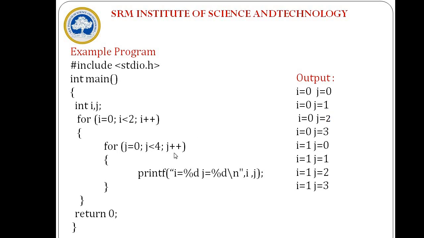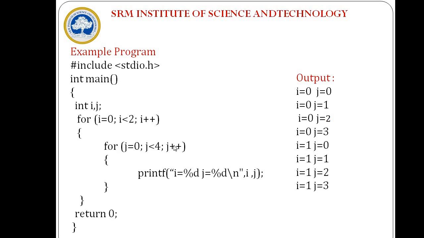Again it will update the loop control variable j. Now the j value becomes 2. 2 less than 4, condition true, it prints i as 0 and j as 2. Again the j value becomes 3, 3 less than 4, condition true, it prints i equal to 0 and j equal to 3.